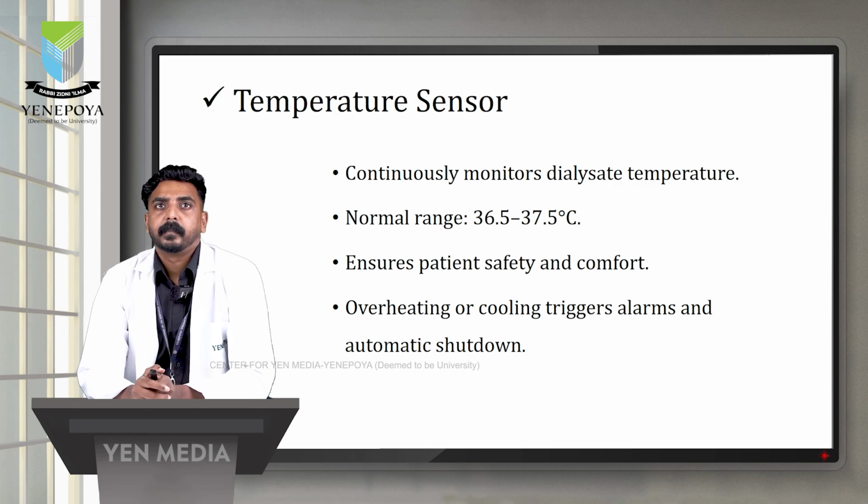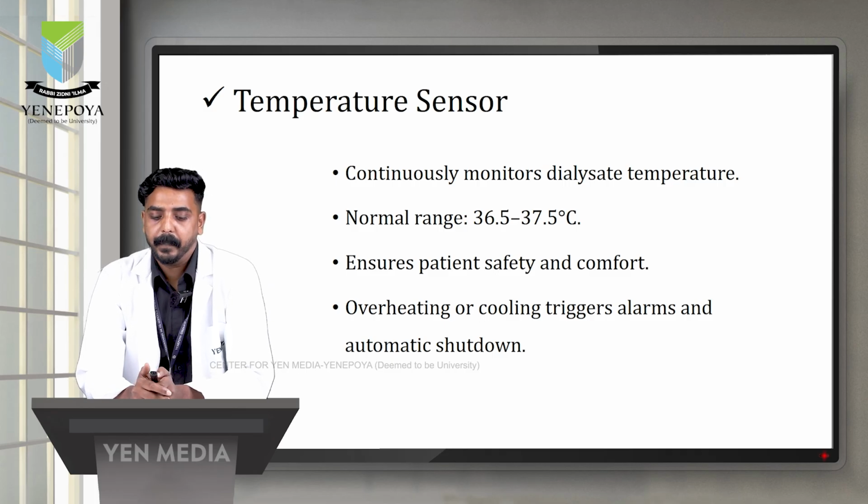Temperature sensor. The temperature sensor continuously monitors dialysate temperature. The normal range is 36.5 to 37.5 degrees Celsius. It ensures patient safety and comfort. Overheating or cooling triggers alarms and automatic shutdown.